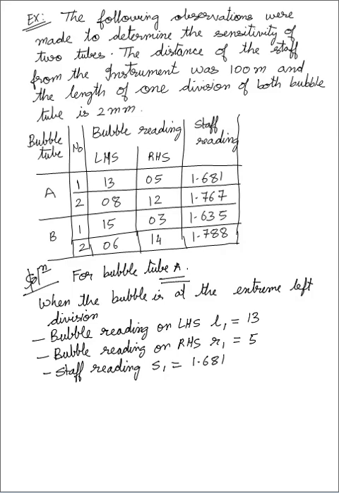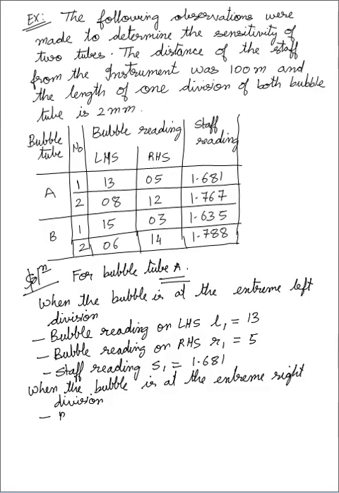Same way, when the bubble is at the extreme right division, the corresponding bubble reading on LHS, here I am writing L2, will be equal to 8.